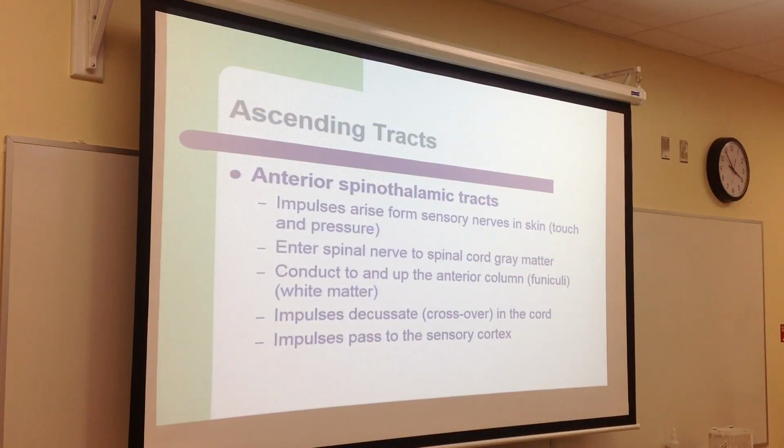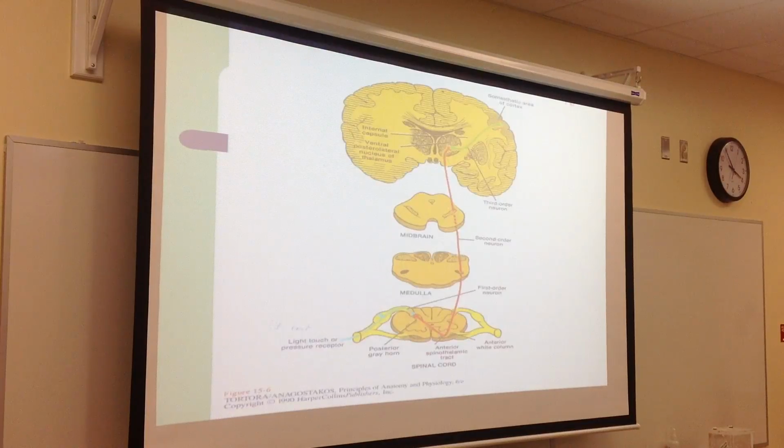And where did we say the primary sensory cortex is located? On the postcentral gyrus of the parietal lobe of the brain. Now, because things cross, if you touch something with, say, your left hand, it's going to register on the right side of the brain. Okay? Well, see, that's easy.